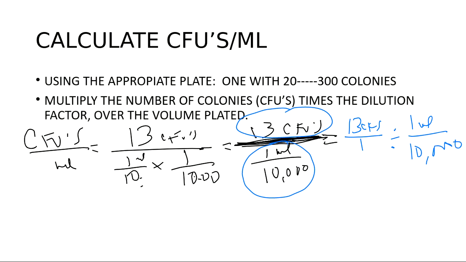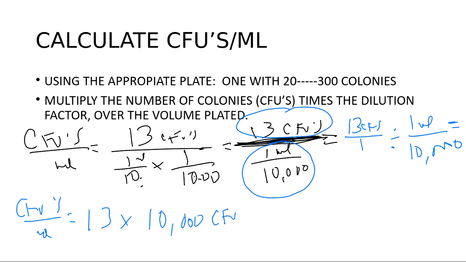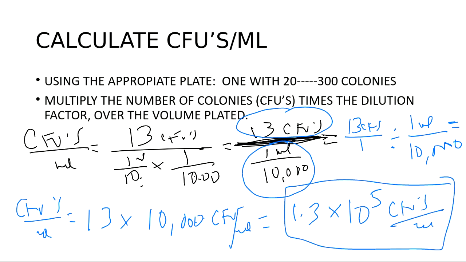And that essentially gives you CFUs per mil, 13 times 10,000 CFUs per mil. And so you always express it in scientific notation. So that will be 1.3 times 10 to the 1, 2, 3, 4, and then 5 CFUs per mil. So there's the answer.